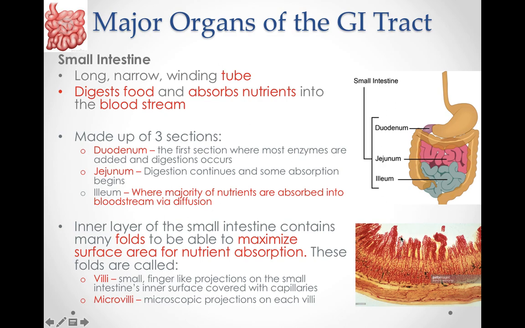Each of these small finger-like projections is a villi, and then you'd have to zoom in closer to see that on each of these there are even more tiny projections coming off, and that's the microvilli. As you can see, they're red, so they've got blood vessels that feed up through them. It's giving the blood vessels more space to absorb the nutrients into the bloodstream.